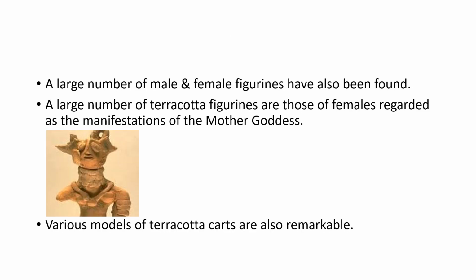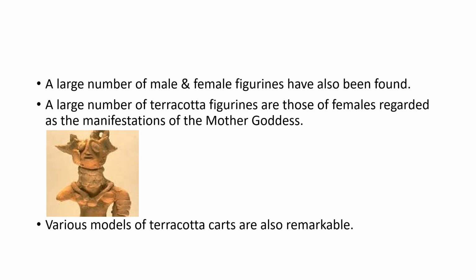A large number of male and female figurines have also been found, and a large number of terracotta figurines are those of females regarded as the manifestations of the mother goddess. So this picture shows you how mother goddess was represented in terracotta figurines. Various models of terracotta carts are also remarkable, and these models show that the bullock carts used in those times are ancestors of the actual bullock carts used in modern times.